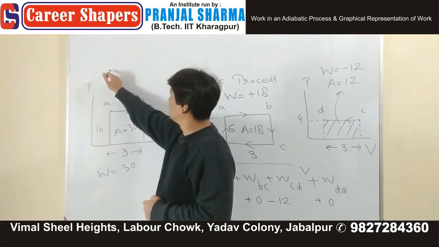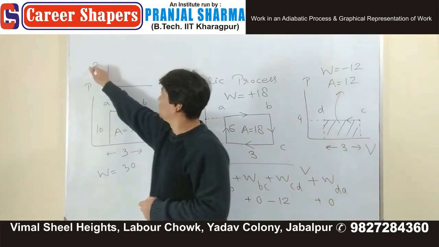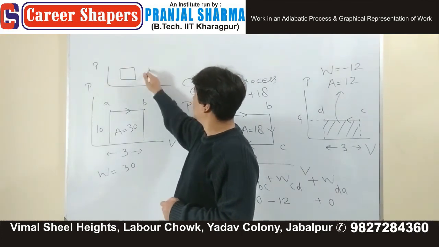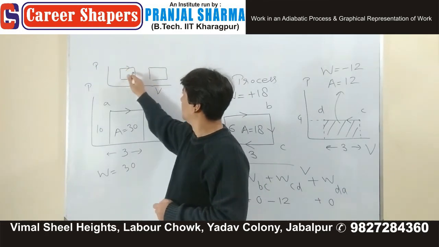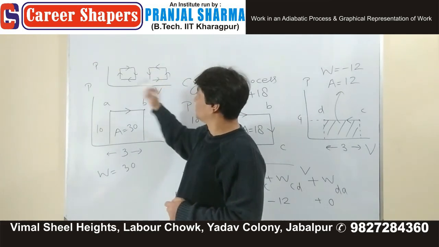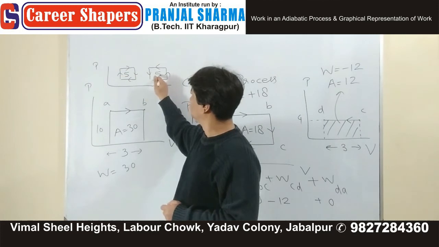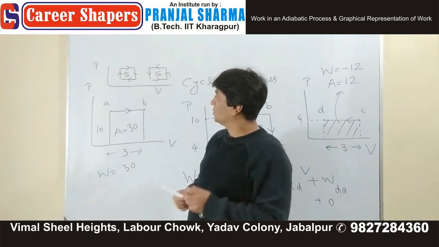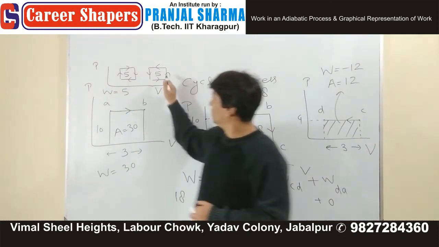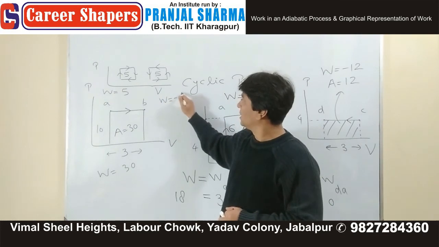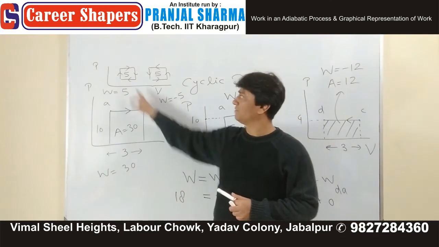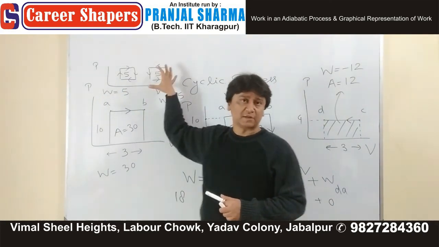If you wish, you can draw this thing fast. Suppose both these have an area of 5. Then for the first one you will say work is 5, and for the second one you will say work is minus 5. Clock positive, anti-clock negative. 5 represents area inside the cyclic curve.